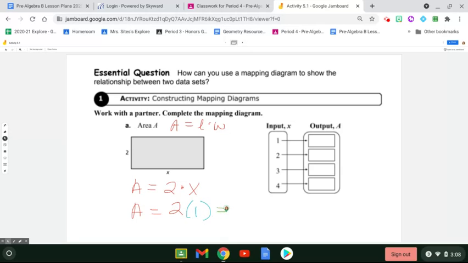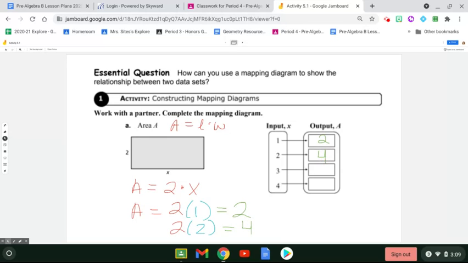So 2 times 1 is 2. So when the input is 1, my answer or my output is 2. Okay, let's do the same thing for input value of 2. So I have to do 2 times 2, and I get 4.